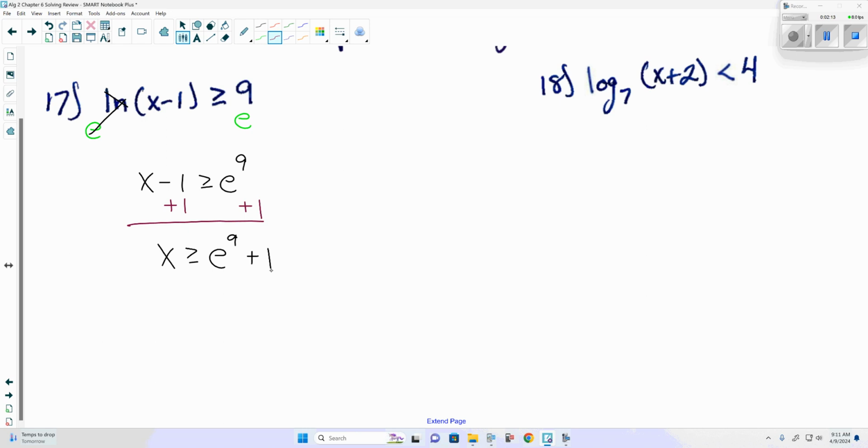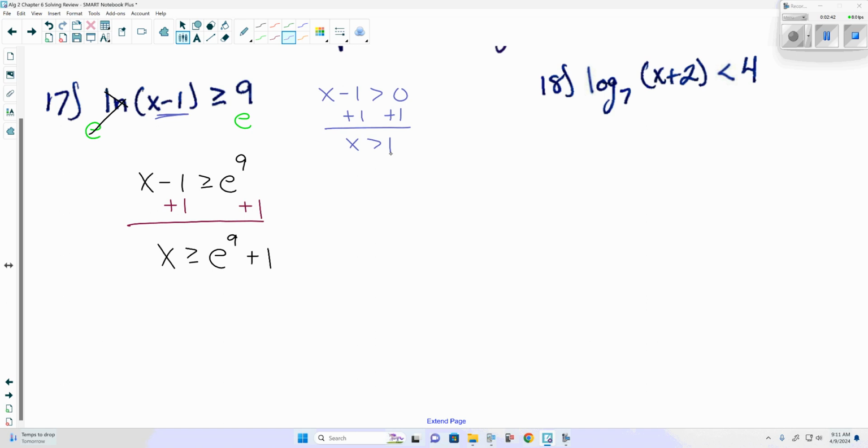Questions on how we got to this point here? Now with our logarithms, we do have to be careful to make sure what's inside the parentheses is not negative or 0. For us here, that would be x minus 1 has to be greater than 0, so x would have to be greater than 1. Well, x is always going to be greater than or equal to e to the 9th plus 1, yes?